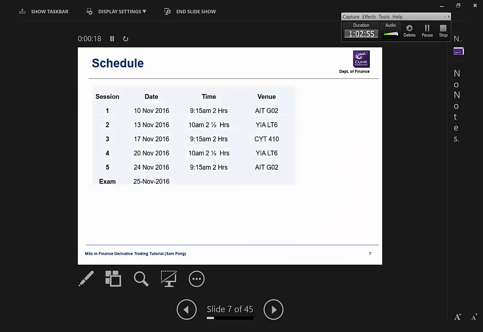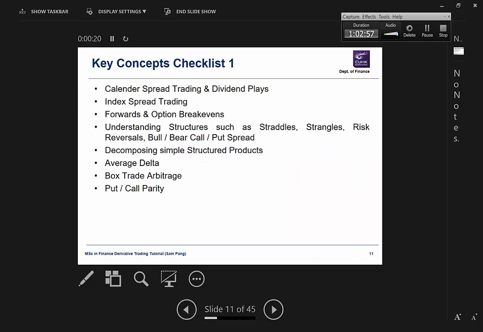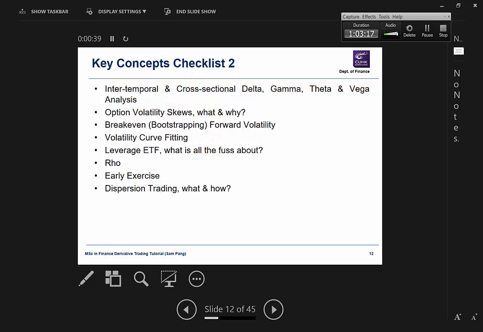And I'm now going to very quickly give you a checklist of the things that I think you need to know for this course. Some of them we have covered. Average delta, put call parity, straddles, forward trading, index spreads, calendar spreads. We've done all of those.